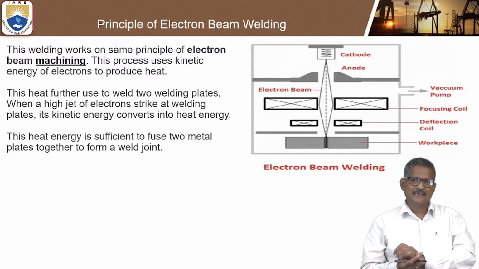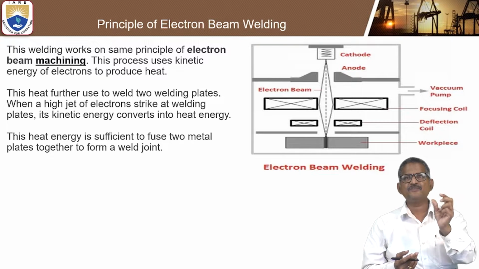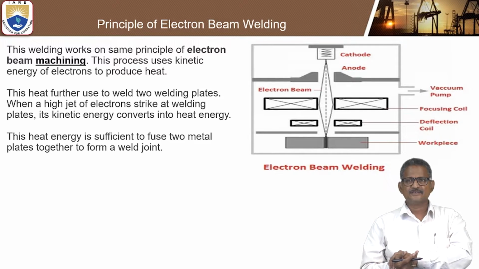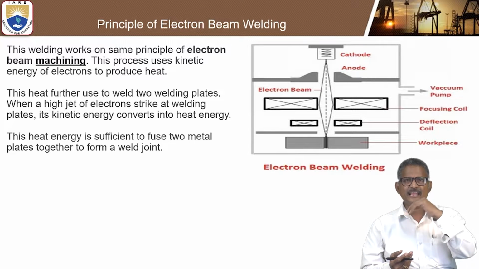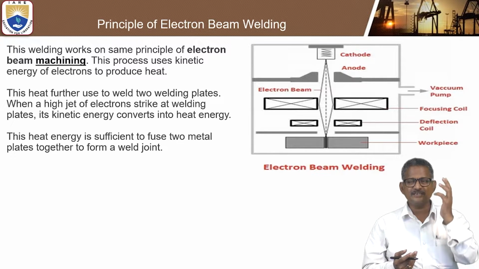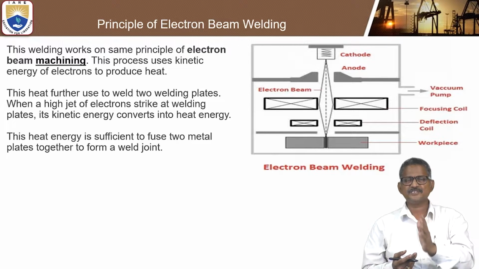Now let us see a line diagram where you can explain the principle of electron beam welding. This welding works on the same principle as electron beam machining, which we have also studied in machining processes.